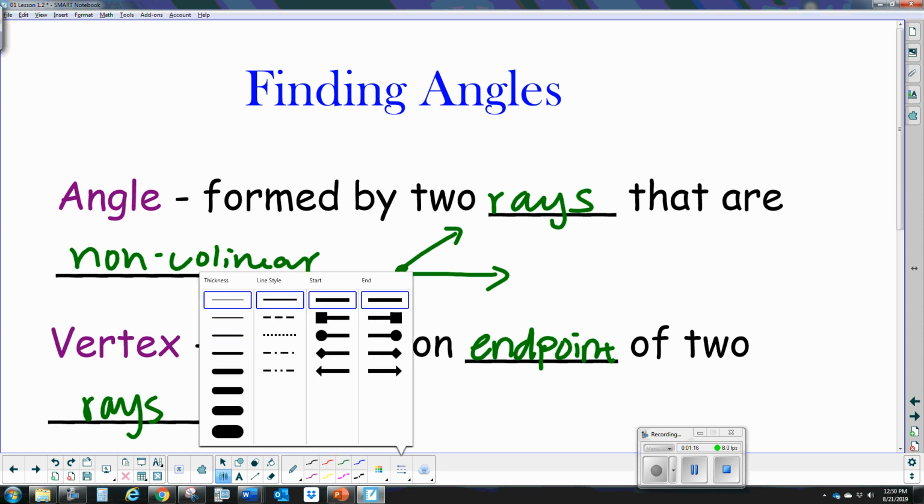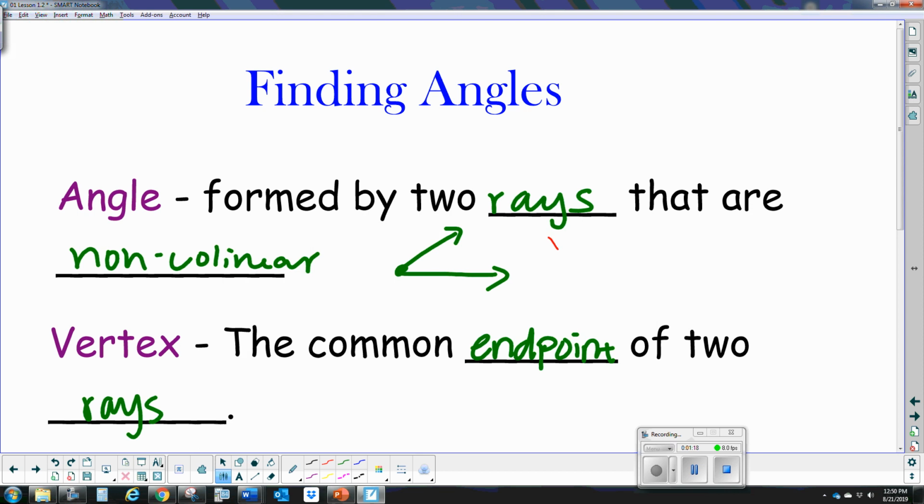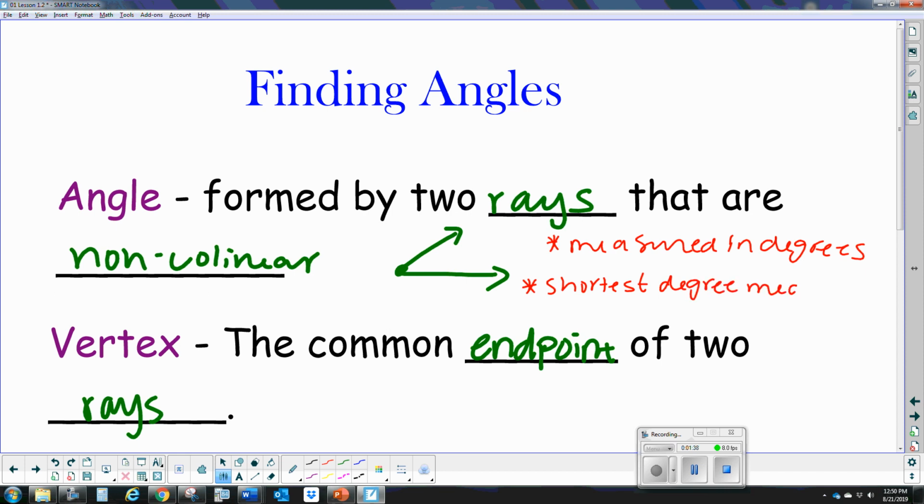Something that you should note about an angle is it's measured in degrees, and that it's the shortest degree measure between the two rays. So when we measure this angle, it would be this distance between these two rays.